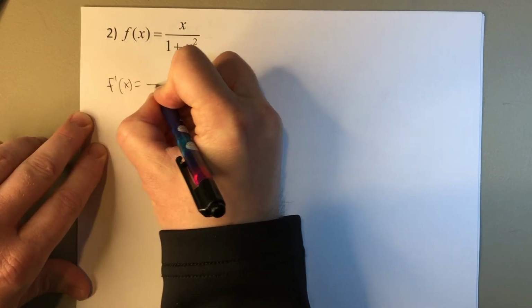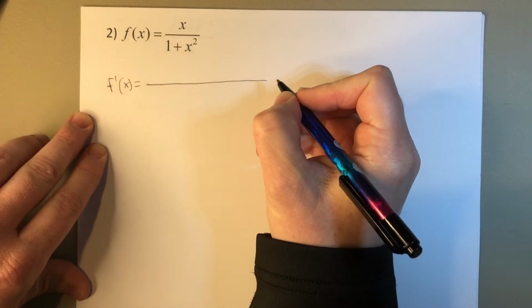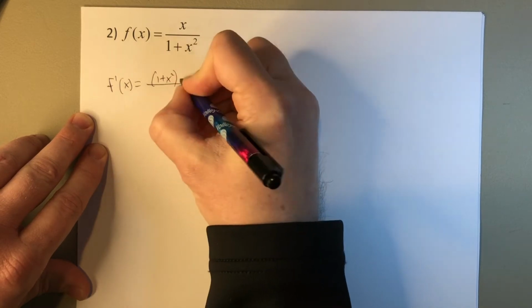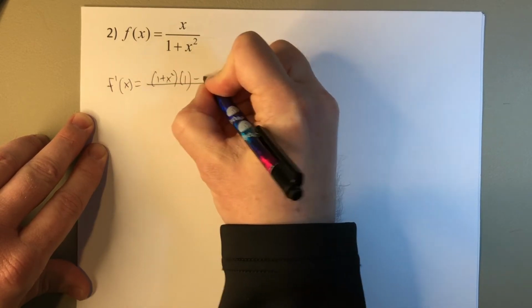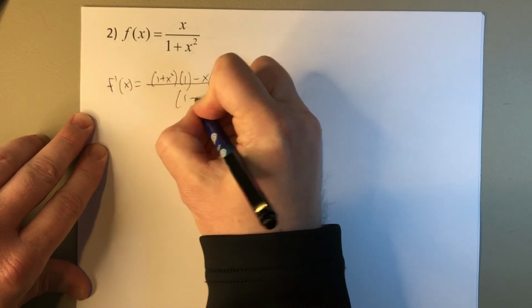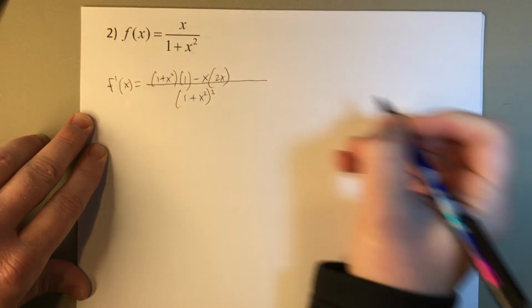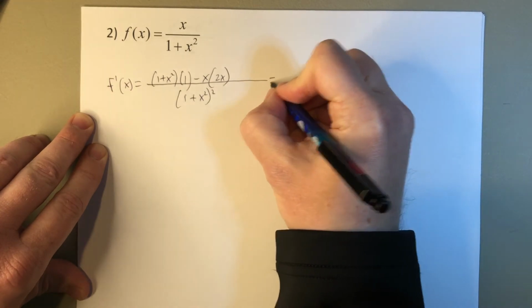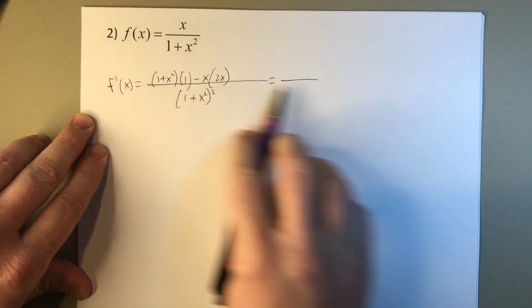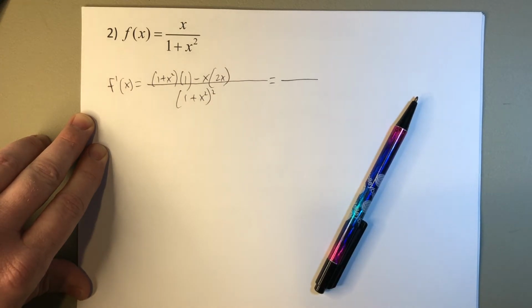You have to use the quotient rule here. So what is that? That's low d high minus high d low, over low squared. And I'm going to reduce this. Let's rewrite the whole numerator.